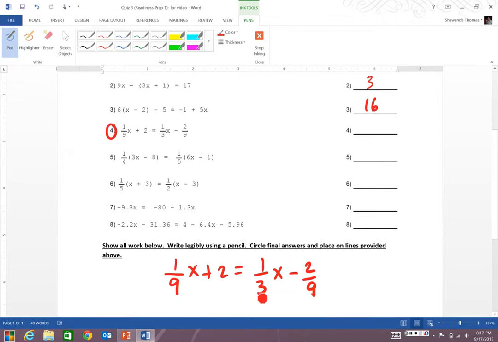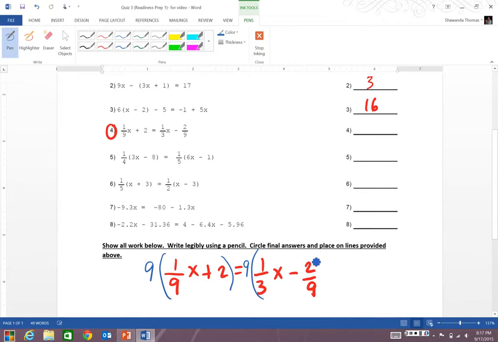The disadvantage is most of the time students get lost in the fractions and they end up getting the problem wrong. So I suggest and reiterate now, get rid of the fractions first. So since the LCD is 9, let's multiply both sides by 9.